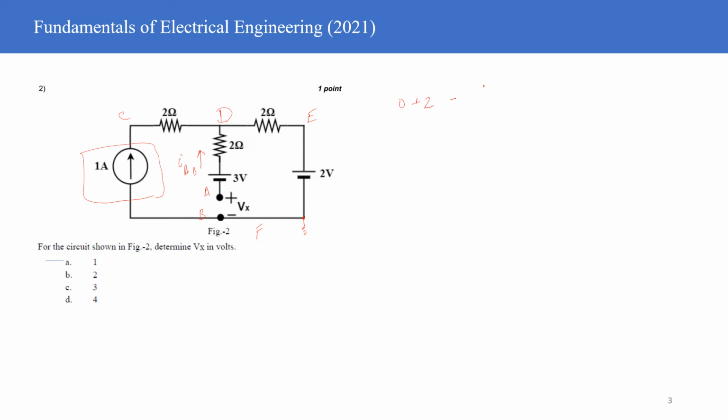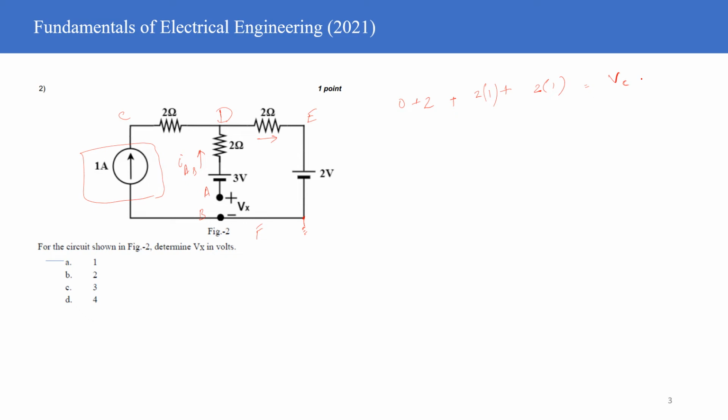I is 1 ampere, and the direction of current is like this, right? So you are going in the direction opposite to the current, so it will be plus. So 2 into 1, right? Again plus, because you're again going in the opposite direction of current. So 2 into 1, and this brings you to the potential at node C, right?